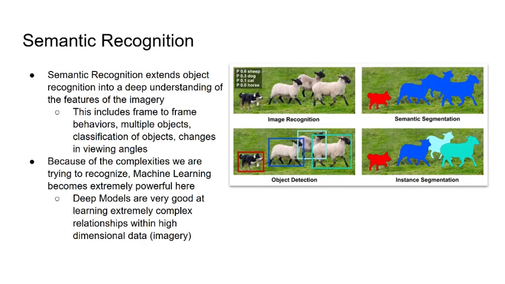So on the right here, image recognition at the top left is saying, hey, you have some sheep and you have a dog. Object detection is saying these are your objects in it. Semantic segmentation is saying, of the objects, put them into categories. So red is dog, blue is sheep, and then instance segmentation is kind of its own thing that says which one is a unique object.